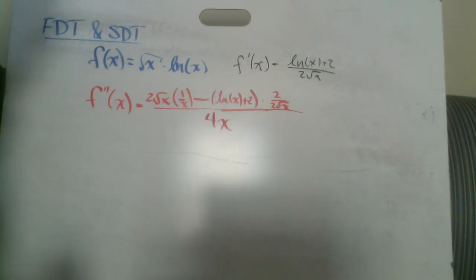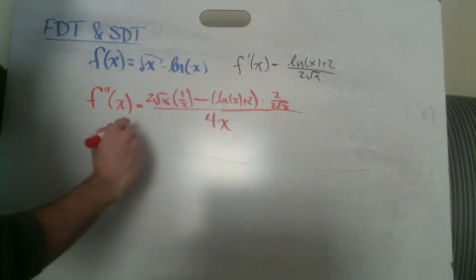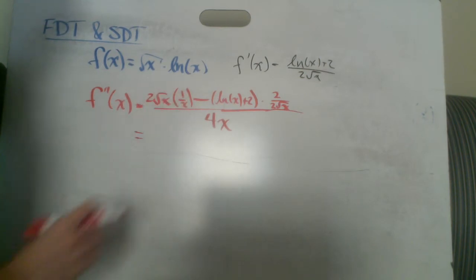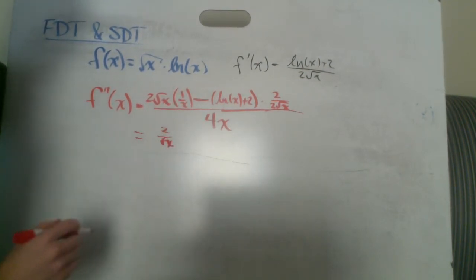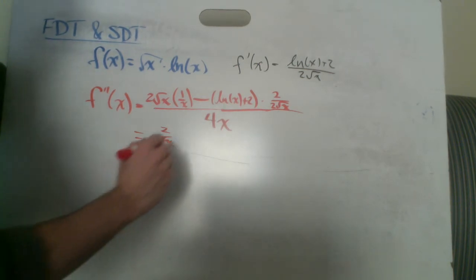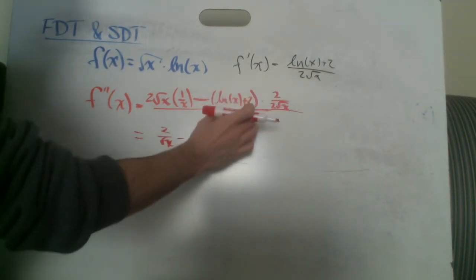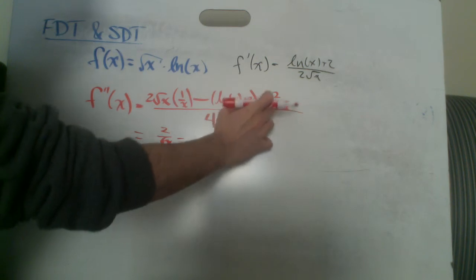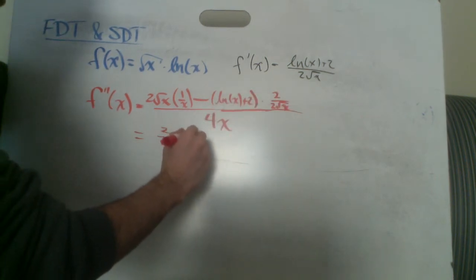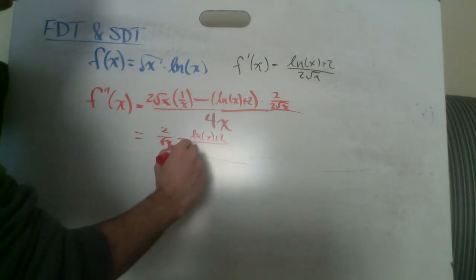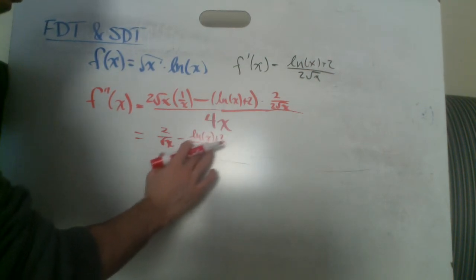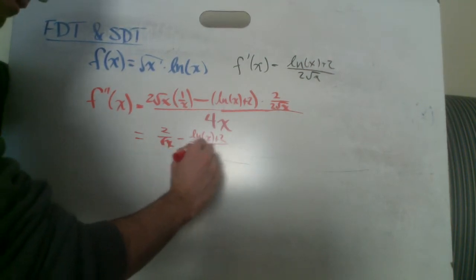From here, I'm just going to tidy up, just like I did with the first derivative. 2 root x times 1 over x is 2 over root x, just like we saw with the first derivative. Okay, so I'll move this into the numerator. These 2's will cancel. I'll get ln x plus 2 all over just plain old square root x.